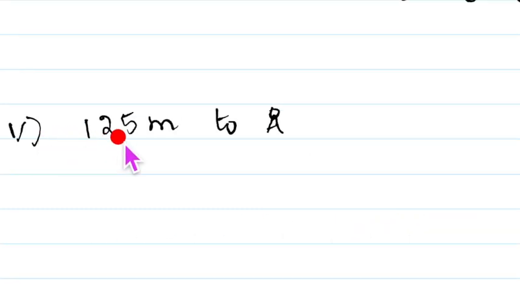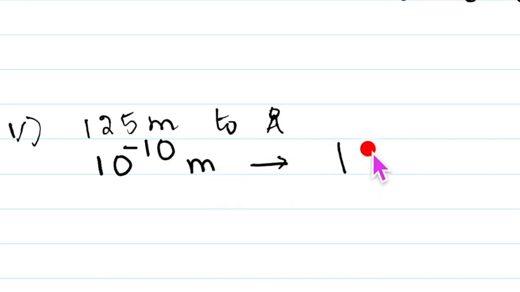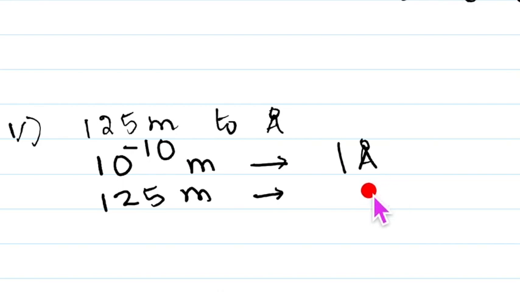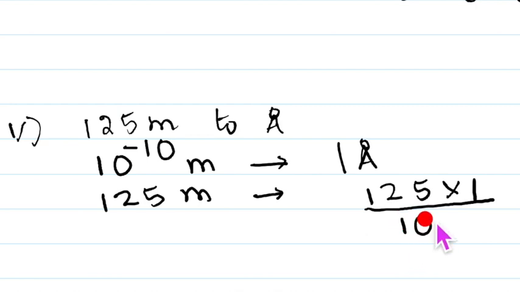We come to the fifth subpart, 125 meter to angstrom. Now we know that 10 to the power minus 10 meter is 1 angstrom. So 125 meter will be 125 into 1 divided by 10 to the power minus 10.